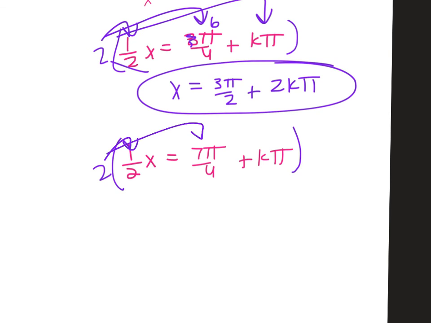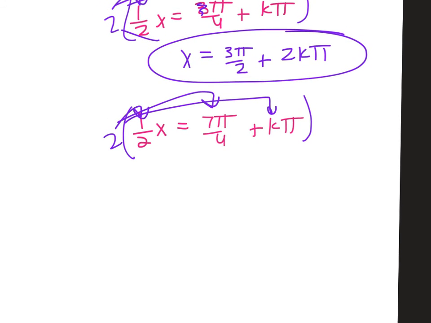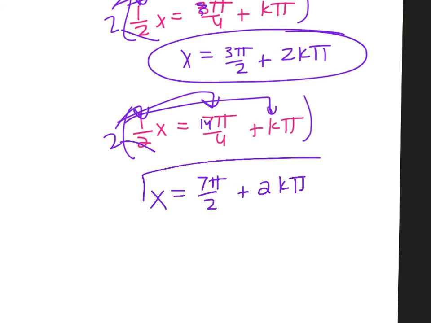Then distribute, distribute, distribute. I get x equals, well, 2 times 7 would be 14. 14 over 4 would reduce to 7 pi over 2. And then it would be plus 2k pi.